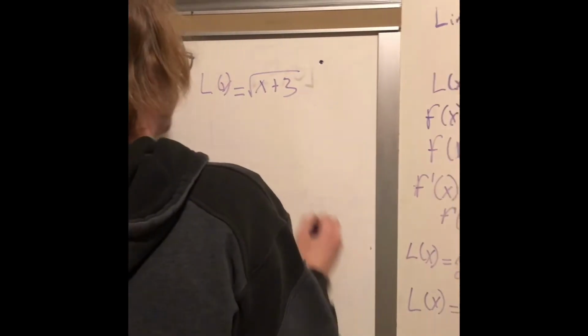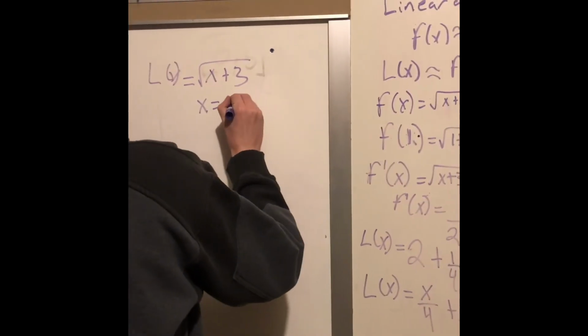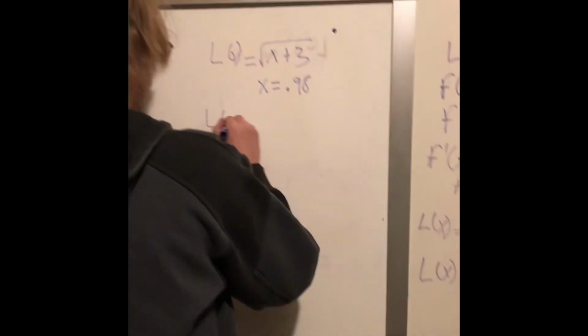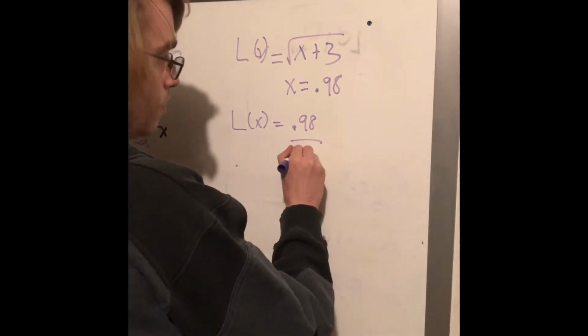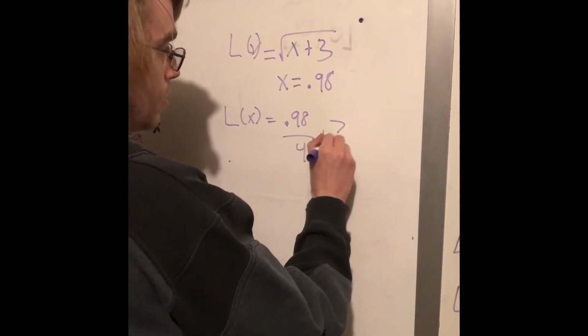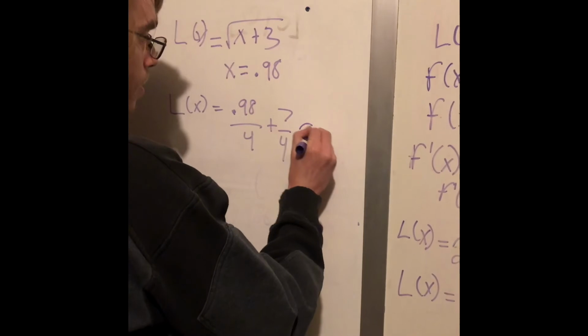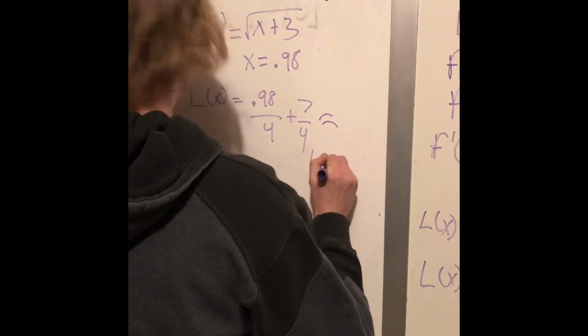So in order to get 3.98, x is going to be equal to 0.98. So now we're going to plug that into this formula here. L of x is equal to 0.98 over 4 plus 7 over 4. And I'm going to double check because you're going to want to plug that into your calculator. And you're going to get an approximation of 1.995.